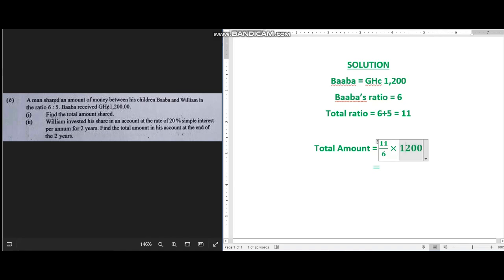You can just use the 6 at the denominator to cancel out the 12, because that one is very simple.